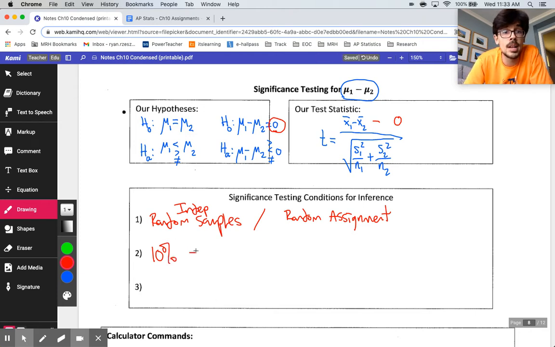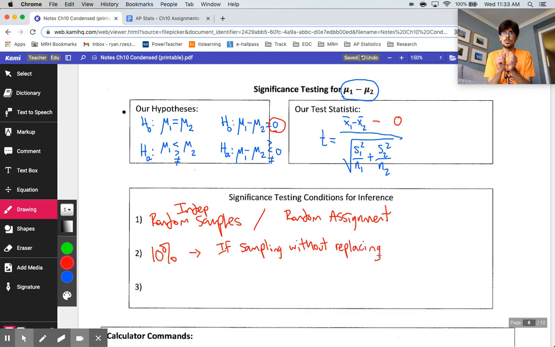One thing I forgot to mention in the last video, you only need to use the 10% condition if you are sampling without replacements. If you're doing an experiment where you're just randomly assigning to treatments, you actually don't have to worry about the 10% condition.